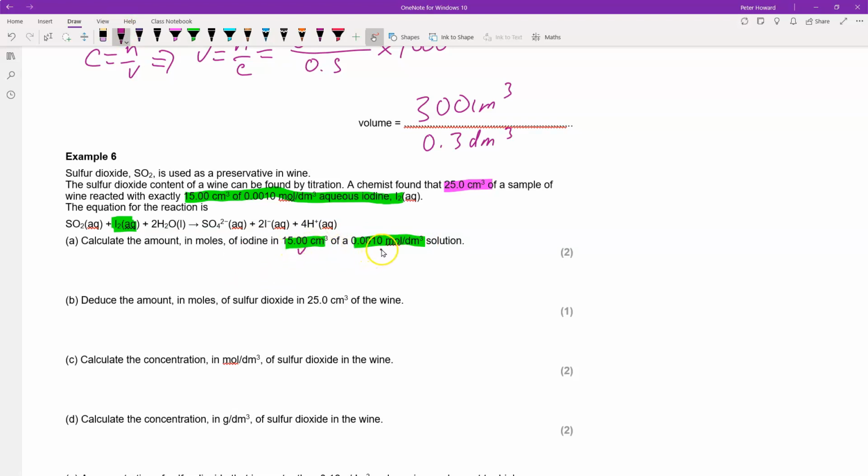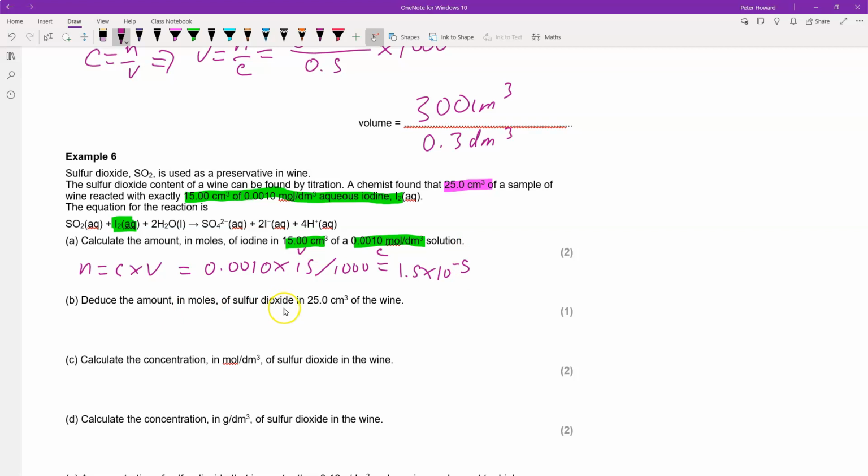We've also got a concentration. So number of moles is C times V. So 0.0010 times by 15. Obviously it's in centimeters cubed, so we need to divide by 1,000 to get our answer. So 0.001 times 15 over 1,000 gives me 1.5 times 10 to the minus 5.